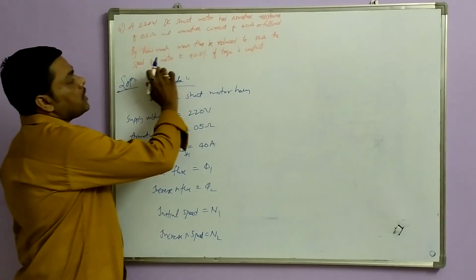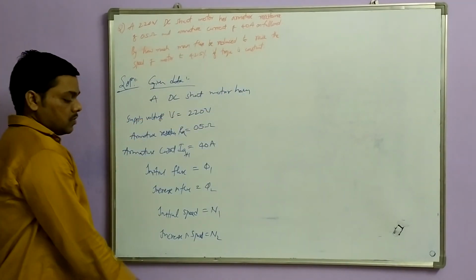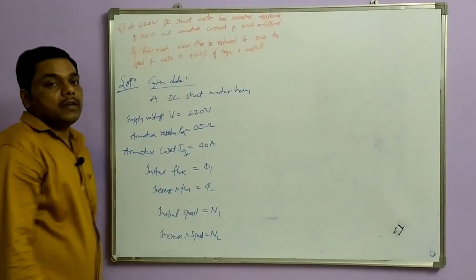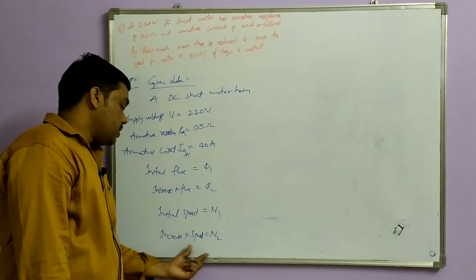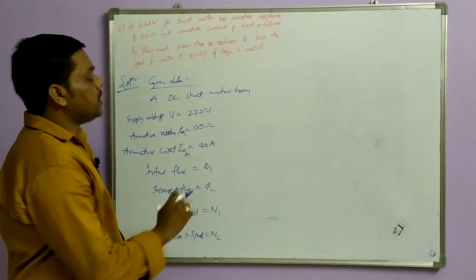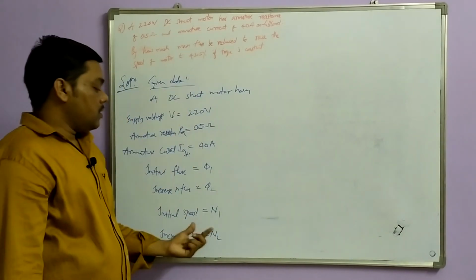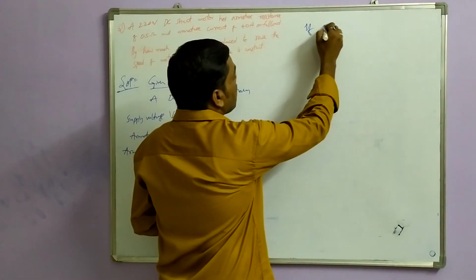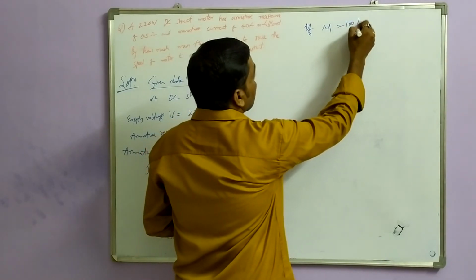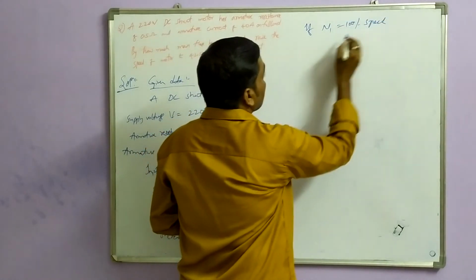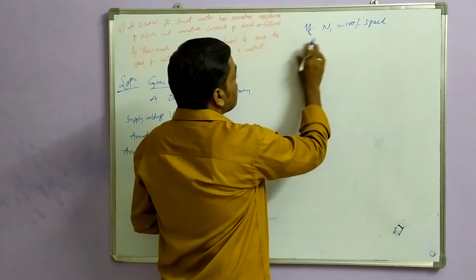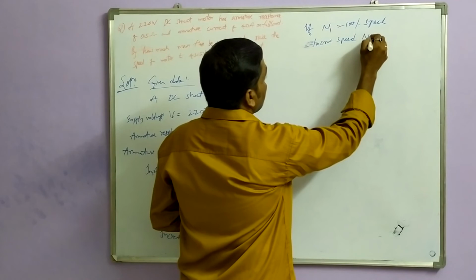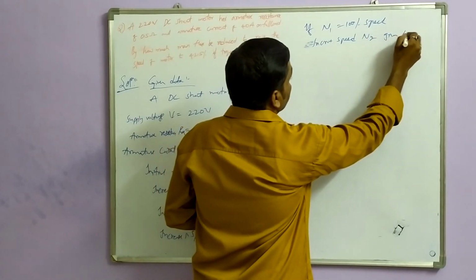Now the speed in terms of percentages is given. If N1 is 100%, what is the change in speed? It is 42.5%. So the speed becomes 100 plus 42.5%.